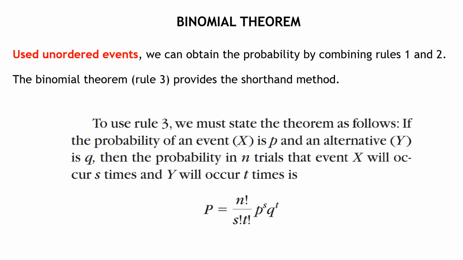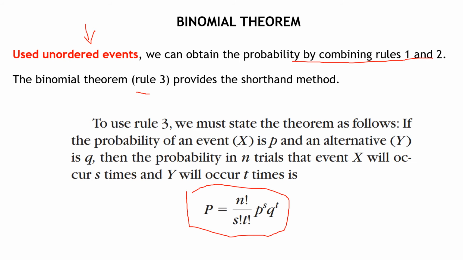In this case, you have an unordered event, and you are combining the probability rules 1 and 2, and this will be considered rule 3, and here is the formula that you can find in your textbook.